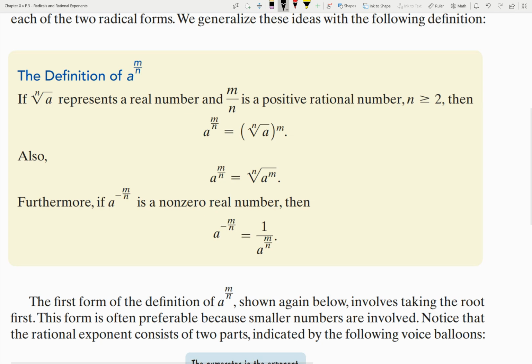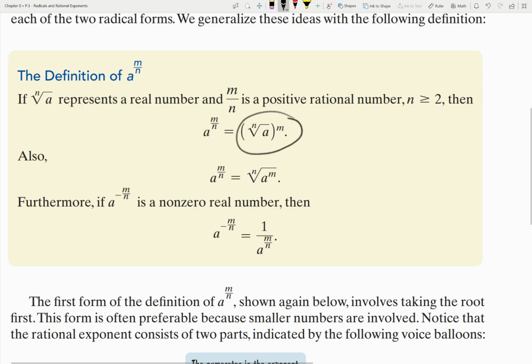Now, if you are going to simplify an expression, if you are going to try to calculate a number, I would suggest this method, because otherwise you need a calculator anyway.